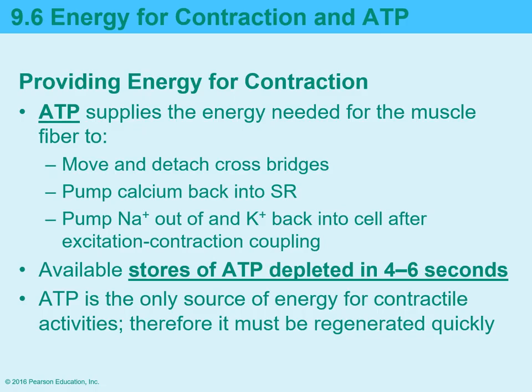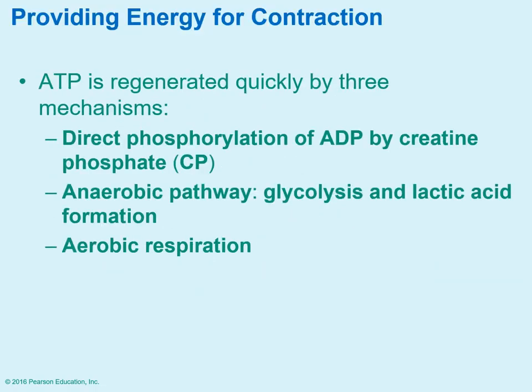So for muscle contraction, you do have some ATP that is stored in the cell, but when you have a muscle contraction occurring, you're going to run out of that available ATP in about 4 to 6 seconds. So say you're running, you need to run more than 4 to 6 seconds. So where does the rest come from?